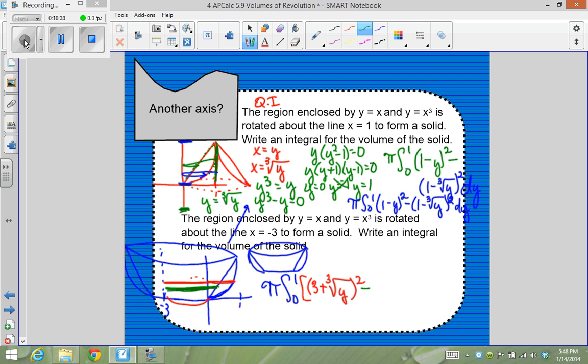So when I subtract this, it's still going to be 3, and then plus, oops, sorry, not minus, plus my function there, which is y squared, dy. And so that's how you're going to set these up whenever you're going around a different axis. We've got to be sure that we understand that. All right, moving on.